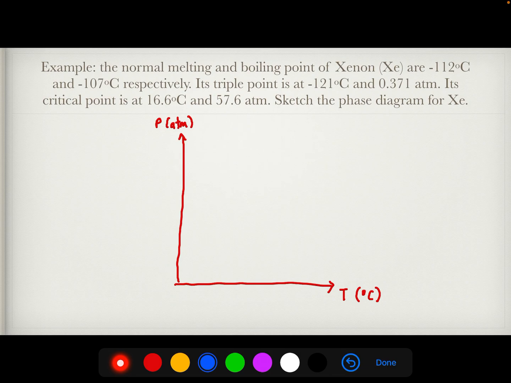For our temperature, negative 112 is lower, and then followed by negative 107, and then we have negative 121, which should be much lower, and then we have 16.6 degrees C. If you look at my drawing, it does not actually follow the correct scale.